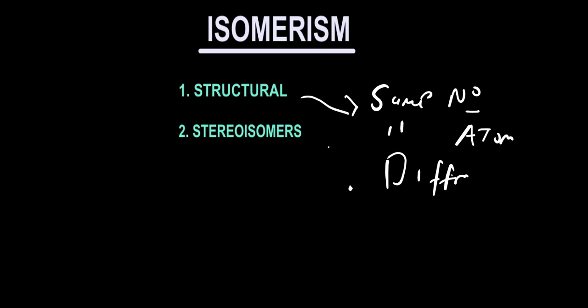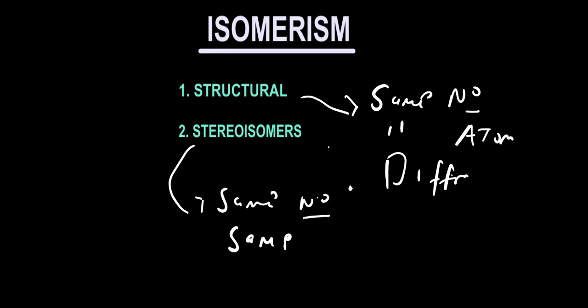Then we've got what we call a stereoisomer. Stereoisomers have the same number and the same type of atoms, and the atoms are even connected the same way, but the spatial configuration differs.